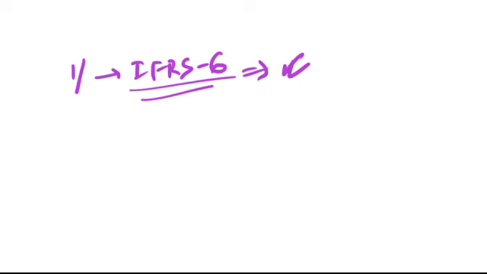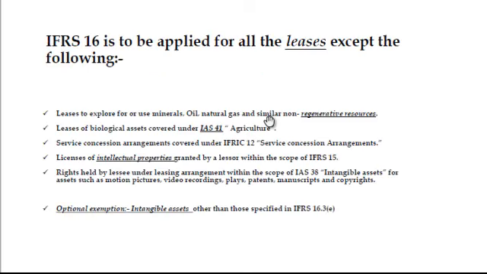Second point, leases of biological assets covered under IAS 41. This definition is very simple. Any biological asset which is covered under IAS 41 is excluded from leases. Now there is one general doubt on bearer plants.